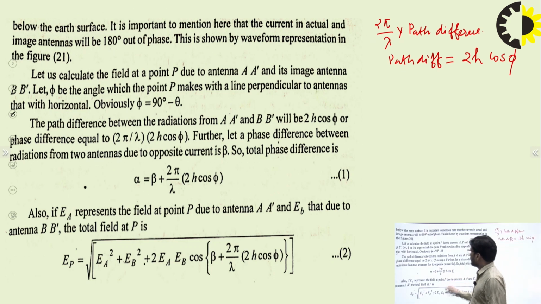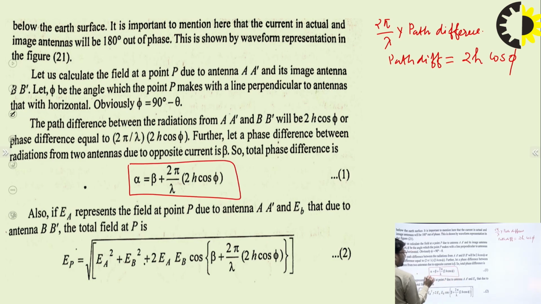This beta is equal to 180 degrees because you are treating the ground plane as a perfect reflecting surface. So the total phase difference is represented by alpha equal to beta plus 2 pi by lambda times 2h cos phi. This is the travel path difference, and beta is due to the perfect ground plane.